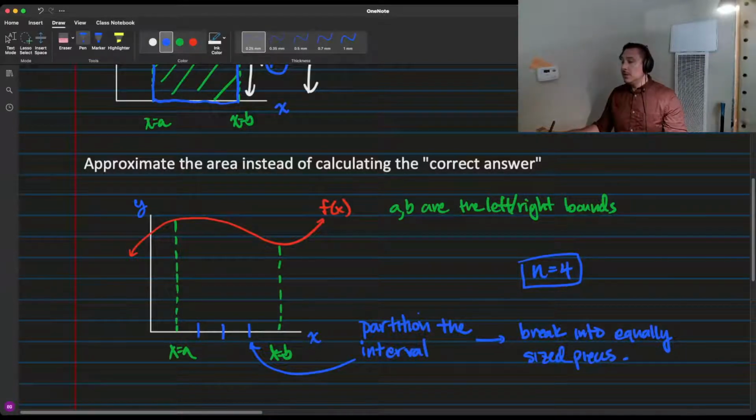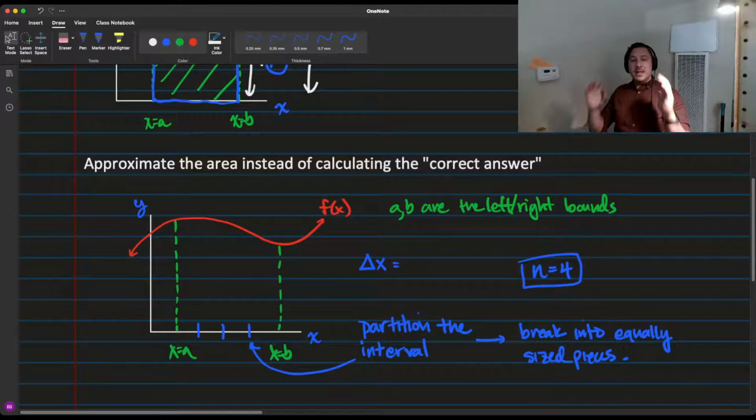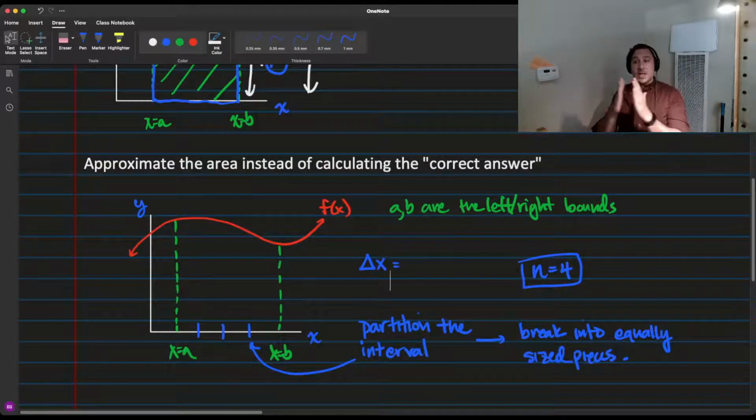Now, we're going to call the width of each of these pieces delta x. Delta is that triangle. So delta x means the width of each of the individual pieces. It's delta x because we're partitioning along the x-axis, right? a to b is along the x-axis.